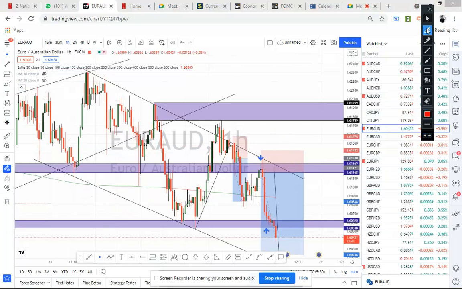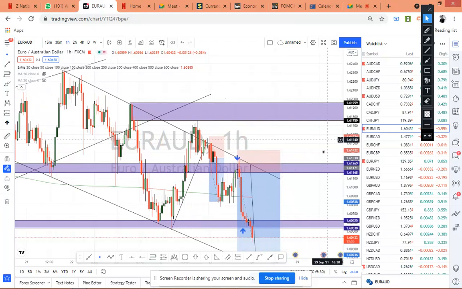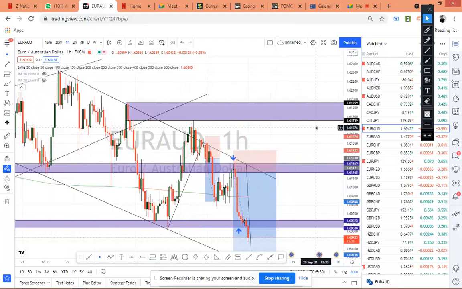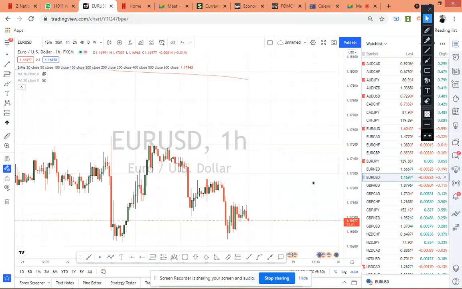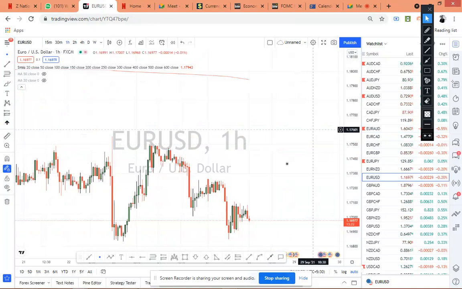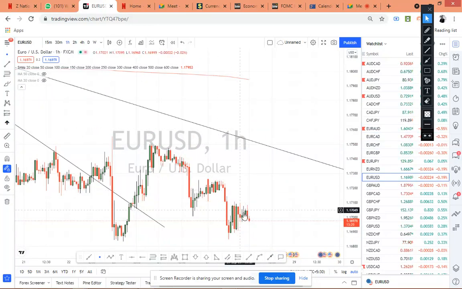So in this case, what we are seeing here is that the price moves according to the base currency. So which means even this Euro AUD might not be the same as Euro USD. It can be on a different direction. Like, okay, this is also a downtrend, and this is also a downtrend, but these downtrends are not the same as Euro AUD.